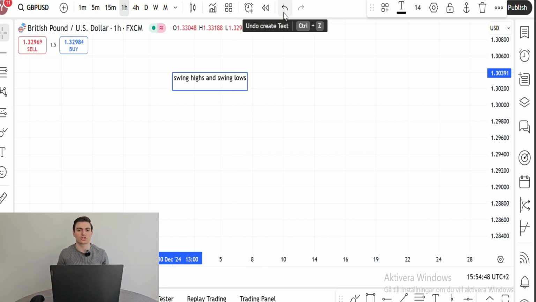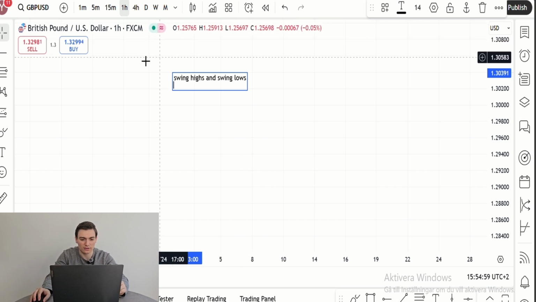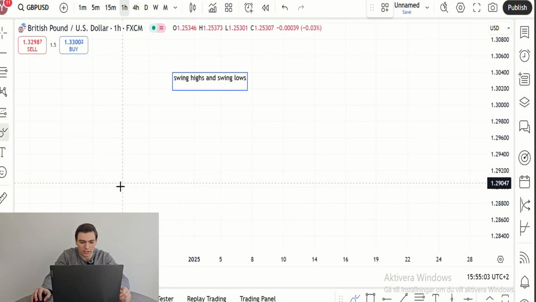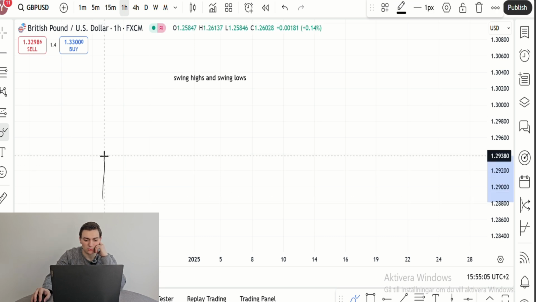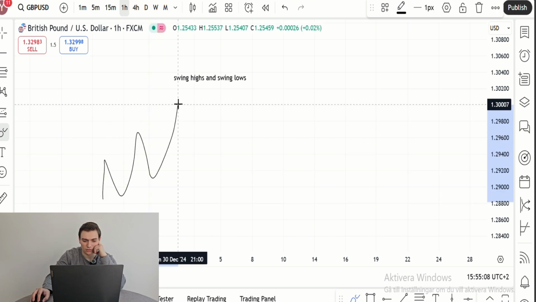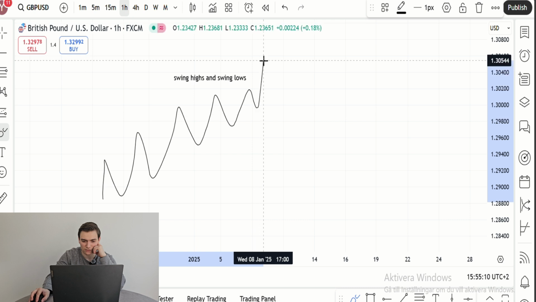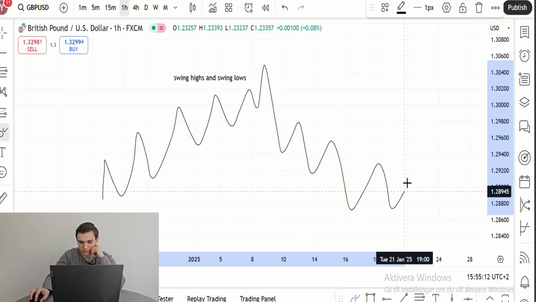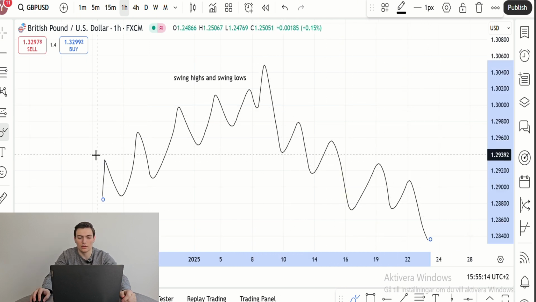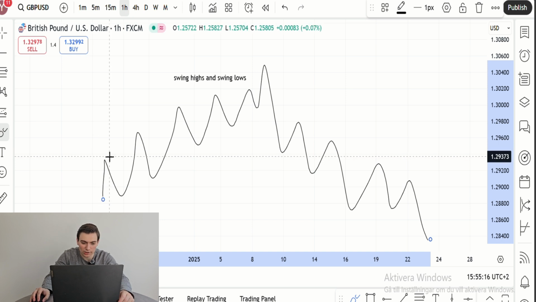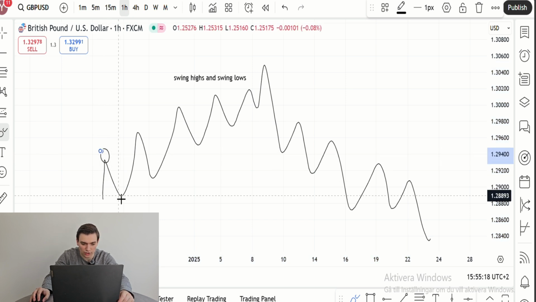So swing highs and swing lows, I like to say, are the most important highs and lows, the ones that you want to focus on. All right, let me tell you, when you see a chart like this, it's basically the turning points.